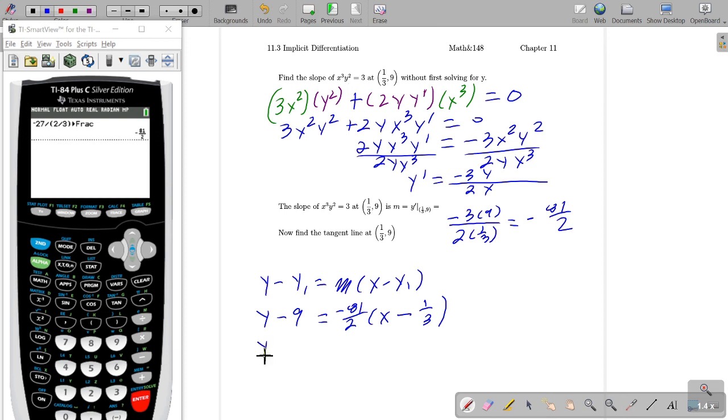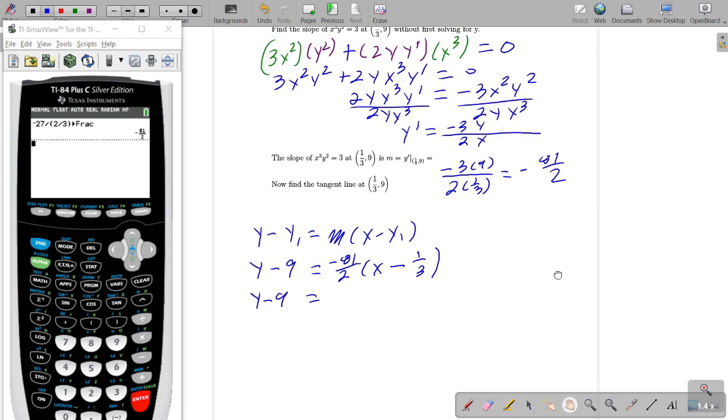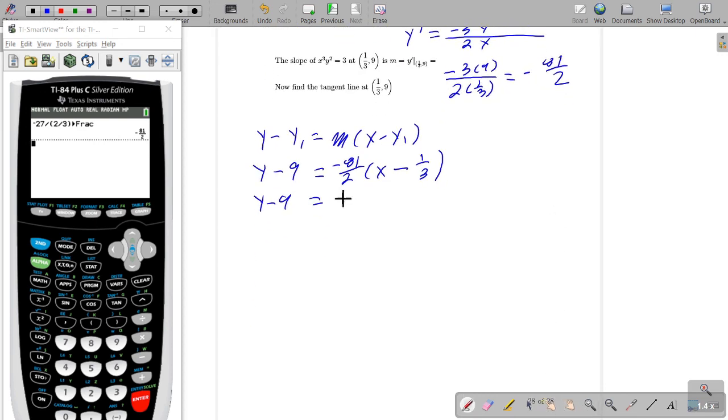So this is y minus 9 equals negative 81 halves x plus 81 over 2 times 1/3. So this is going to be negative 81 halves x plus 27 halves.